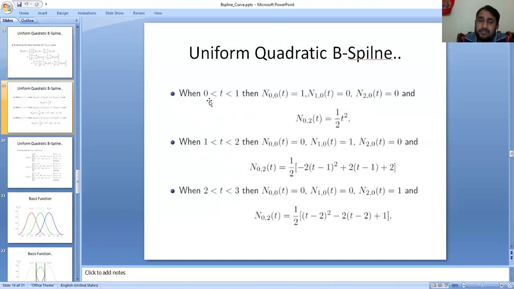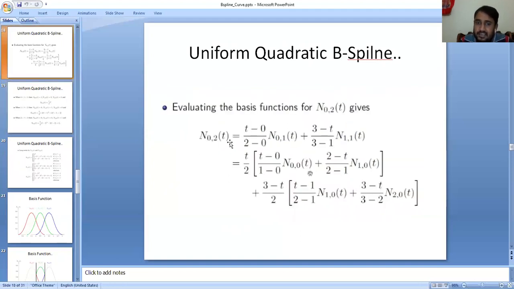When t is in between 0 to 1, this value will be 1, this will be 0, this will be 0, and N0,2. Finally, when we calculate this, we'll get N0,2 will be half of t square.